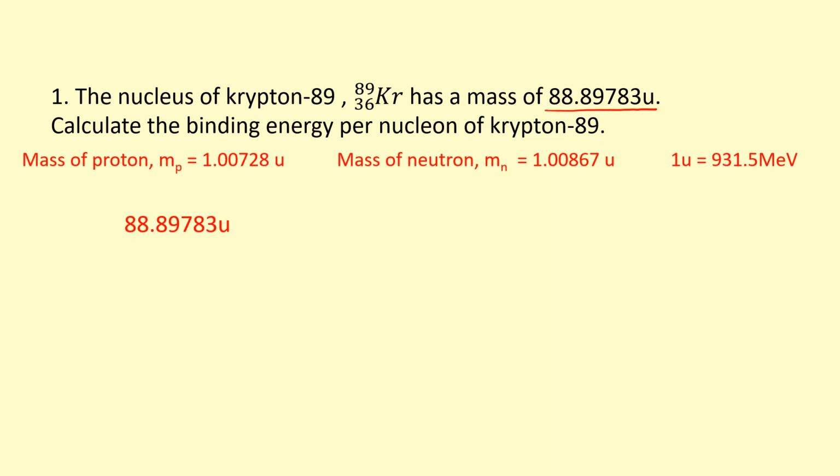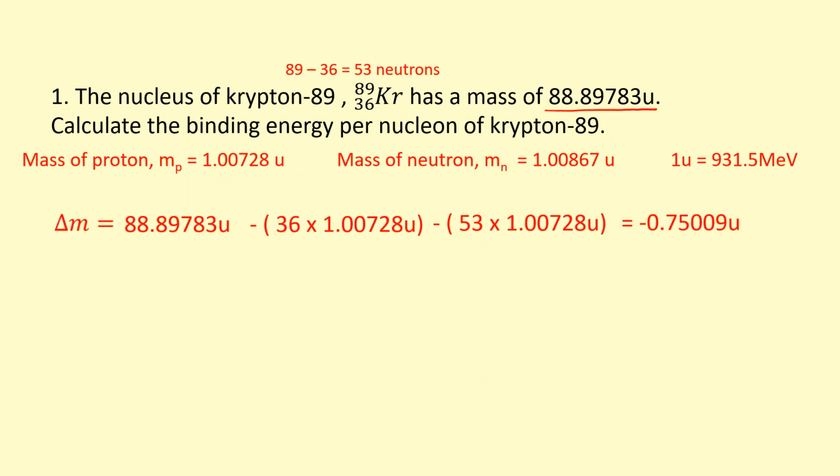There are 36 protons, so it's 36 times the mass of each proton. I'm deducting that, and then I need to figure out the number of neutrons. 89 minus 36, so it's 53 neutrons. So 53 times the mass of the neutrons. I'm deducting those, and that means I get a mass difference, or a mass defect, of 0.75009 U.